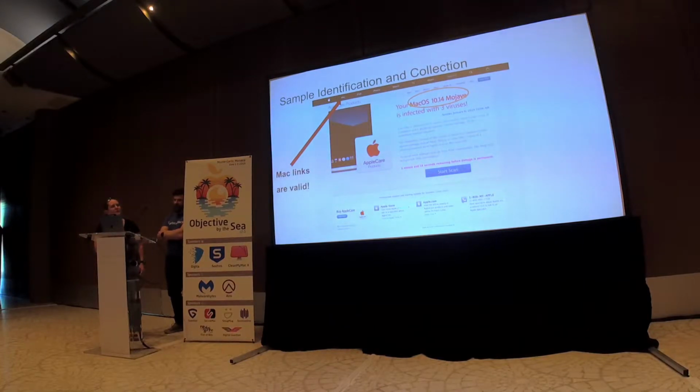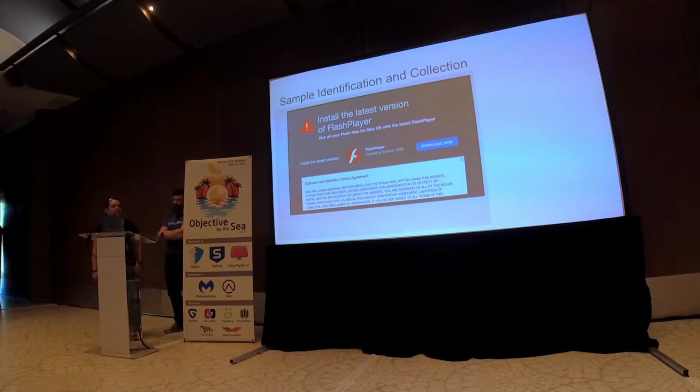Everything else on this page is mirrored exactly from Apple. So this buy AppleCare, if you click buy now, it's actually going to take you to buy AppleCare, for real. These up here, it's going to take you to the same thing the Apple site would. So very good social engineering. Your typical user is probably not going to think too much of this, given that so many of those links work.